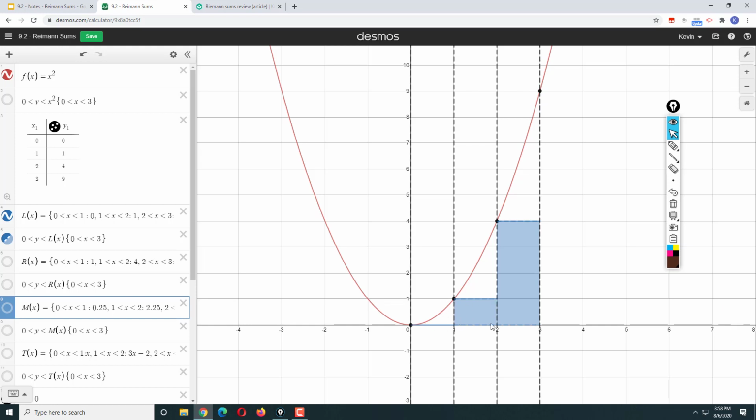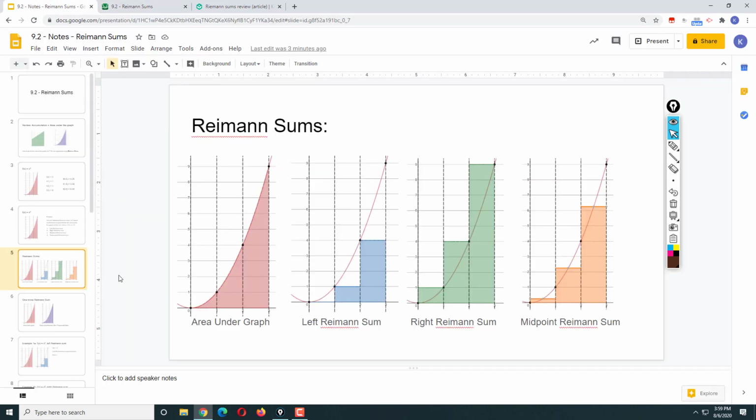From 1 to 2, the height is f of 1, which is equal to 1. From 2 to 3, the height is f of 2, which is equal to 4. All right, so that's the left Riemann sum.